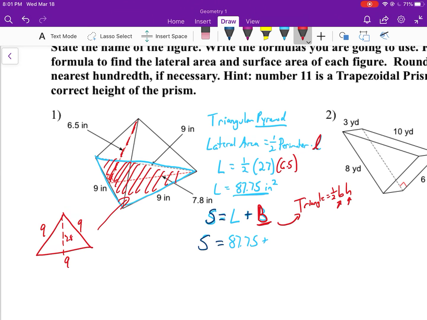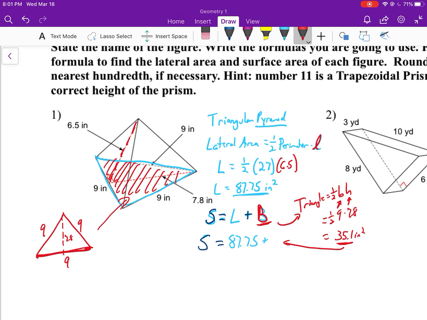So we can now easily find this area because we have the base and the height. So 1/2 the base, which is 9, times the height, which is 7.8. So typing that into a calculator, 1/2 times 9 times 7.8 equals 35.1. And that's in inches squared again, and that is the area of our base.